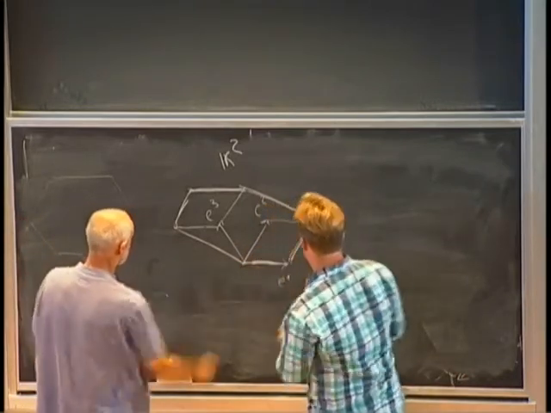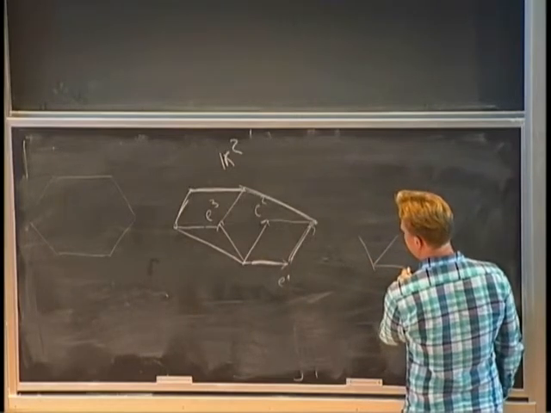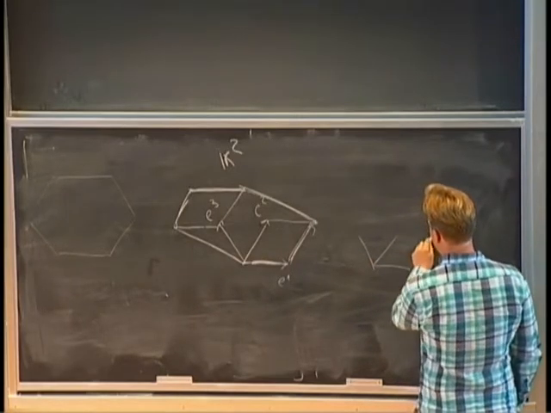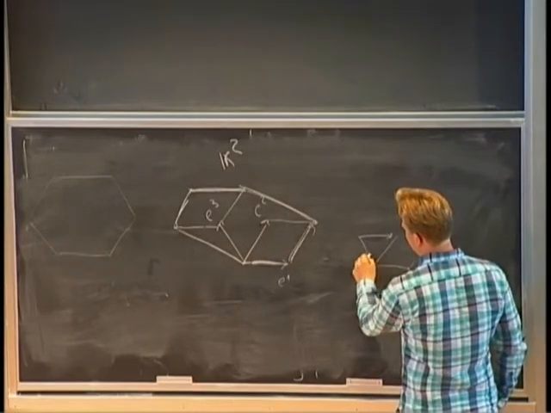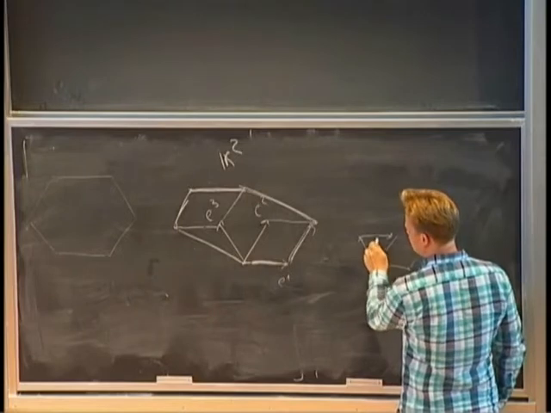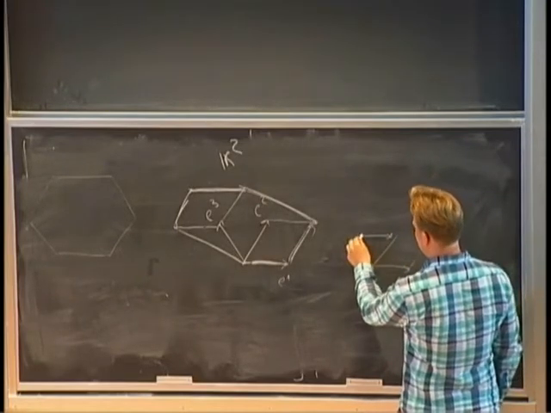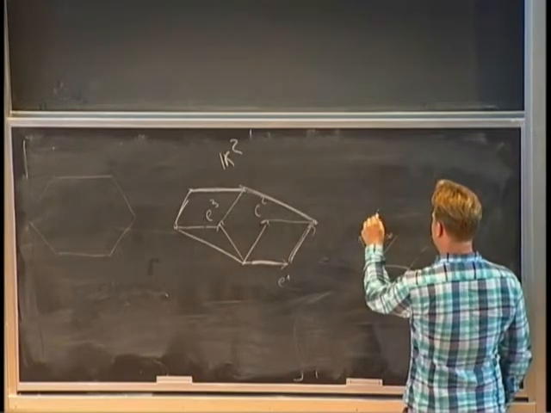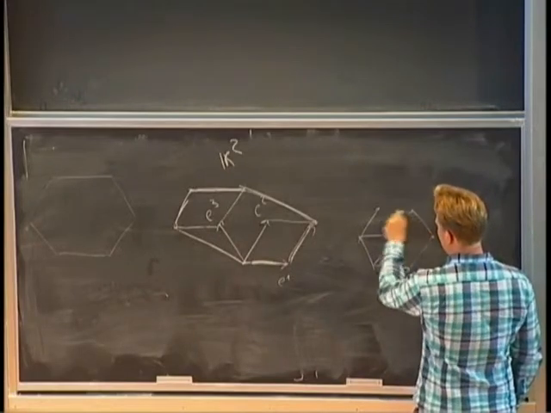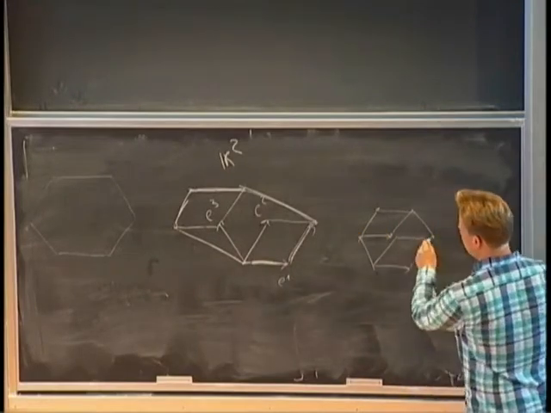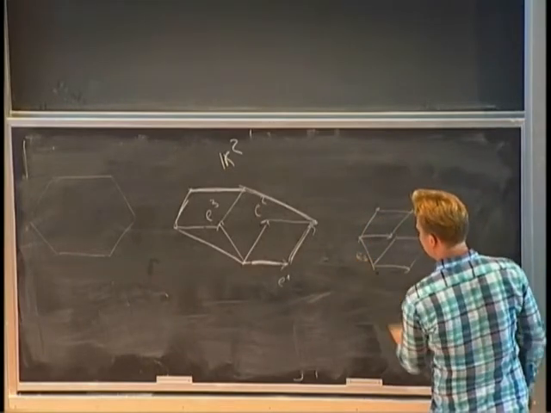Maybe I'm not doing it nicely. This one, and this one, and then this one. E1 plus E3, like this, right? Two parallelograms, and one is translated by E3.